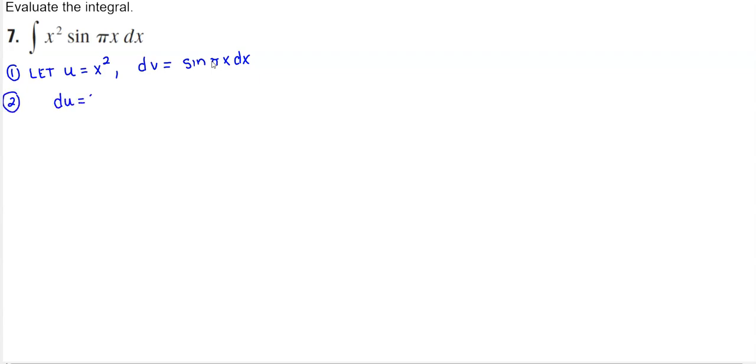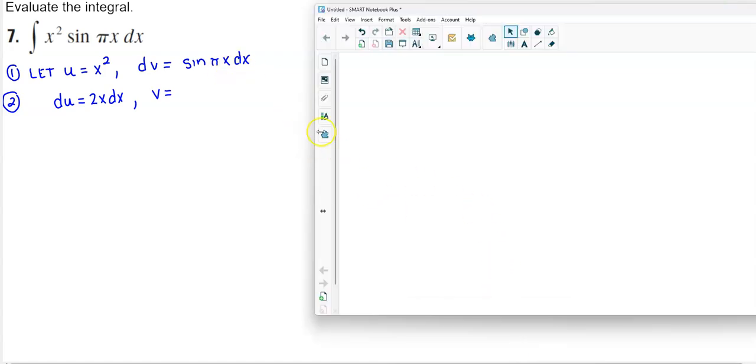du is going to equal 2x dx. And now we need to find the antiderivative of the sine pi x dx. So remember, when we do that, we're going to have to do u substitution. So we let u equal pi x, du is equal to pi times dx, divide both sides by pi, and therefore dx is equal to 1 over pi du.